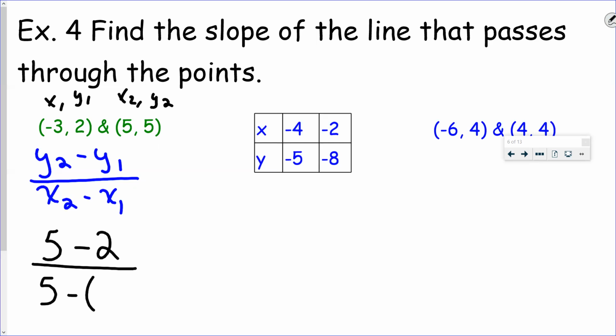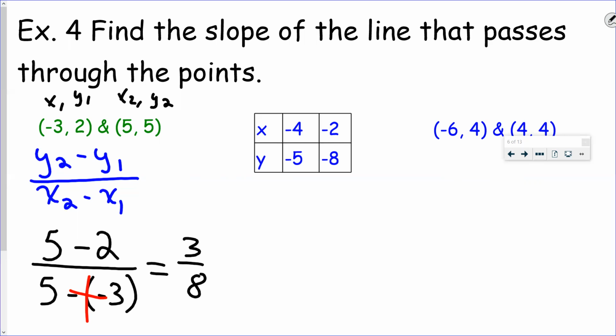So minus a -3. Okay, so we can do the math. 5 minus 2 is 3. If we look, we have 5 minus -3. If you remember, you can change this into plus. So it's actually really 5 plus 3, which is going to be 8.